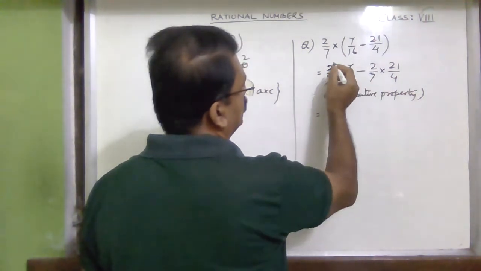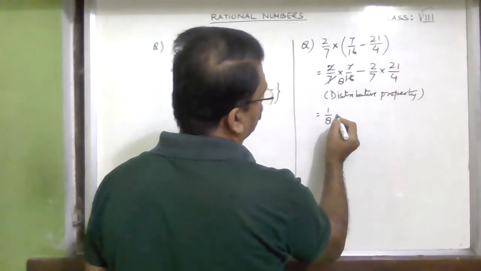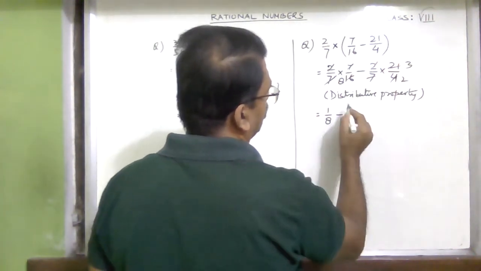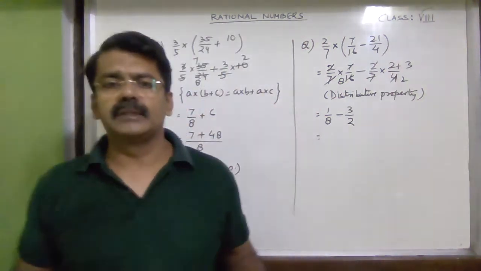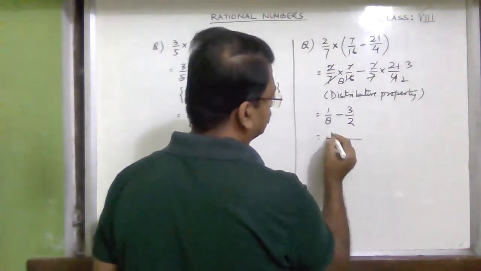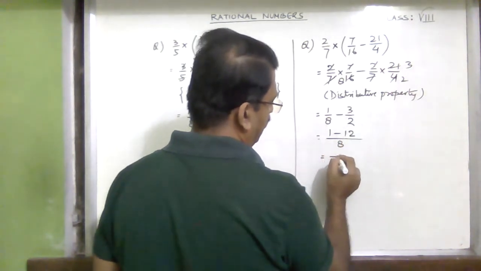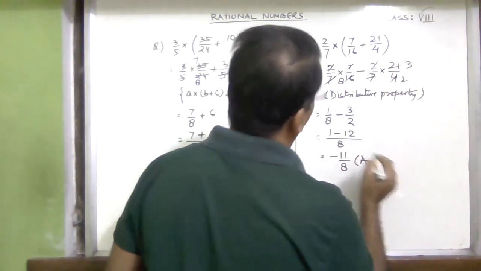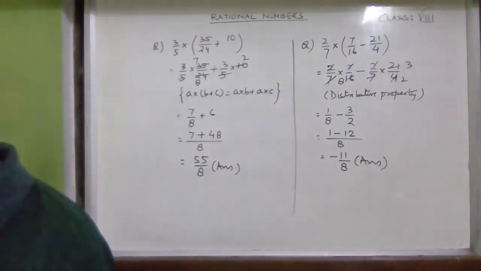Now 7 cancels out, 2 8s are 16. So 1 by 8 minus 3 upon 2. 8 and 2, the LCM will be 8 only. So minus 11 upon 8 will be your answer. The answer is minus 11 upon 8.